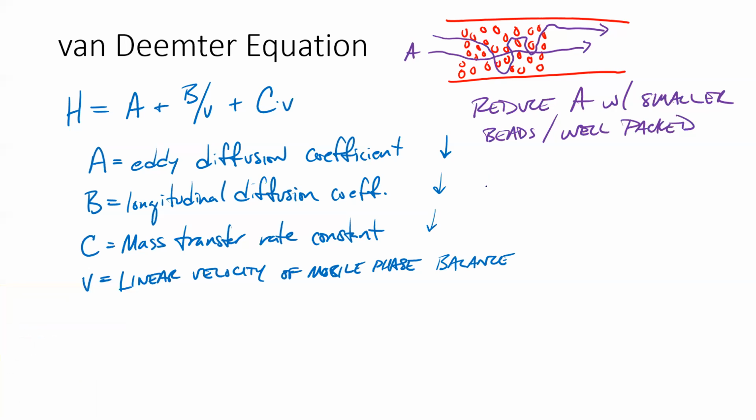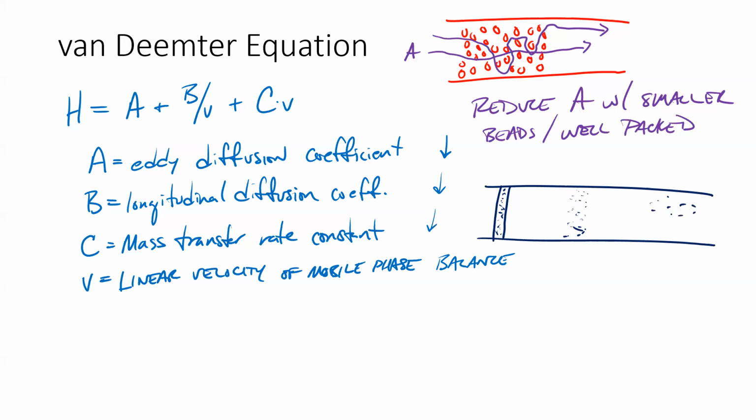So for this longitudinal coefficient, say this is the volume of our analyte as it enters the column. As it moves through the column, those molecules spread out a little bit just due to the nature of diffusion.